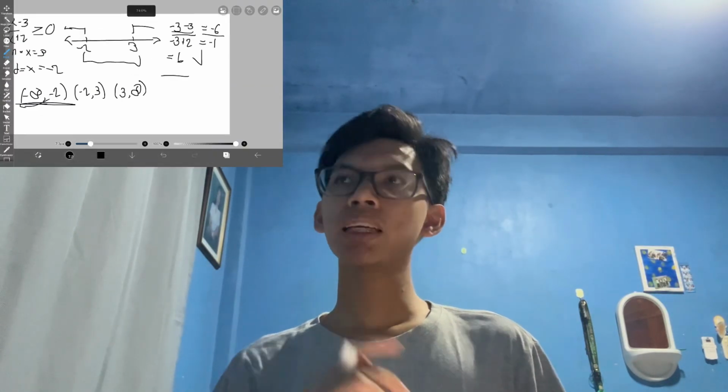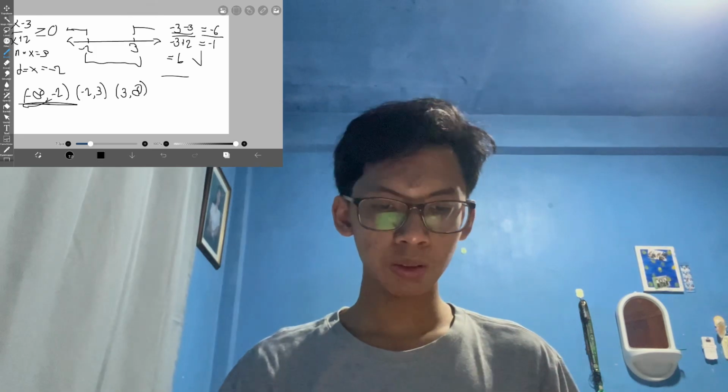Now, for the second interval, let's substitute 0. So 0 minus 3 is negative 3, and 0 plus 2 is 2. Divided, that would be negative 1.5.